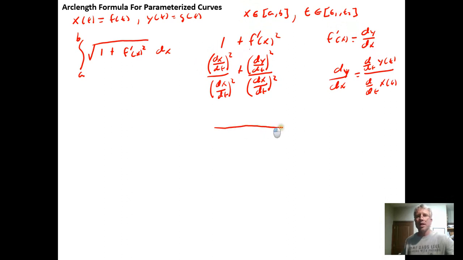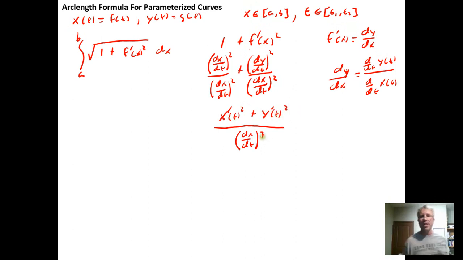Now I have a common denominator, which is dx/dt being squared, and in the numerator I have (dx/dt) squared plus (dy/dt) squared. Notationally, to make this easier to write, let's use prime notation. dx/dt is x prime of t, which is being squared, and dy/dt is y prime of t, which is being squared.